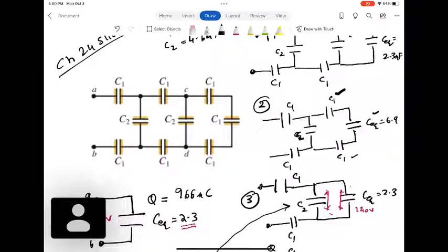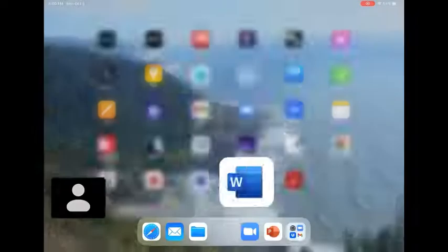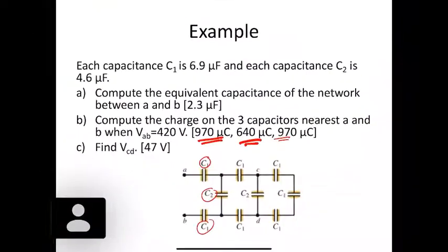So each of these will have 46.6 volts, and then this one will also be 46.6, and this one will also be 46.6. And that really answers the question. It's asking for the potential difference between these 2 points, and so it's just going to be 46.6. And that is the answer.